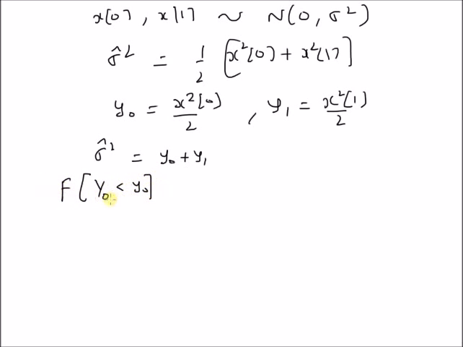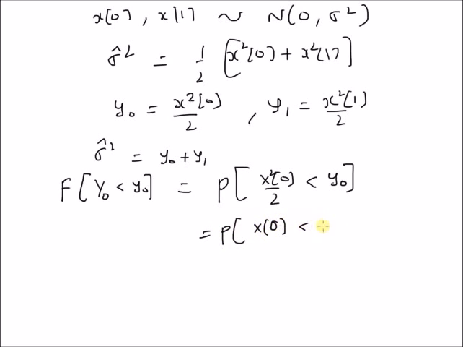That is, F of y0, the cumulative distribution function, is equal to the probability that x square of 0 by 2 is less than or equal to y0. This is the definition of CDF, and this is equal to, by rearranging, x of 0 is less than square root of 2 times y0.